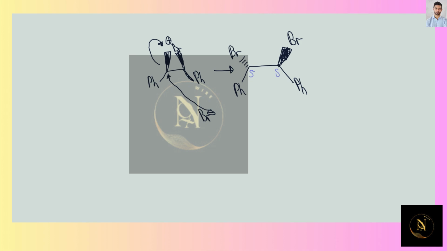So this would be an SS configuration, and we're going to have the racemic mixture corresponding to the RR configuration, in which we're going to have the exchange of these bromine atoms, bromine with the phenyl group. Now let's draw the bromine looking into the back, and our phenyl group over here, just to keep everything nice and tidy. And this would be the RR stereoisomer corresponding to this reaction.